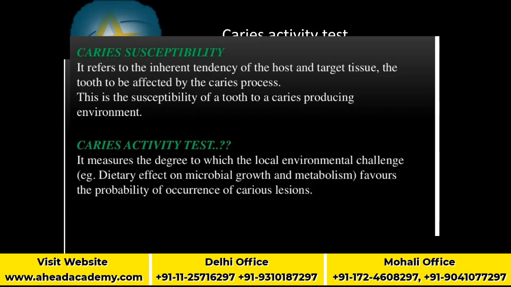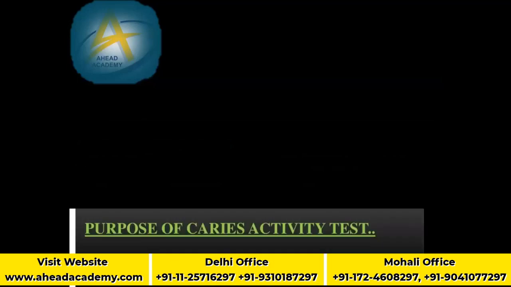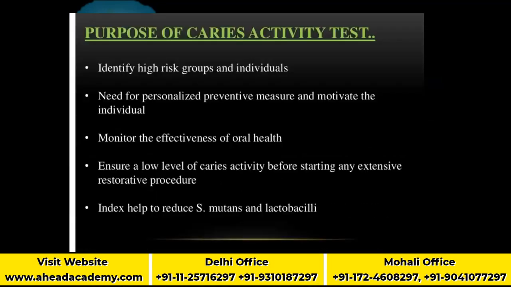is a measure of the degree to which local environmental challenges pose a probability of occurrence of a carious lesion. It might be microbial growth or metabolism of the microbial pathological flora, or the dietary effect like risk factors, right? The purpose of a caries activity test is to identify high risk group individuals.